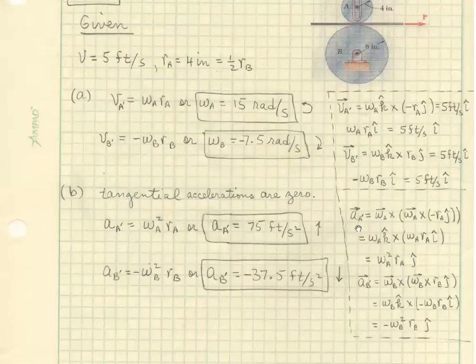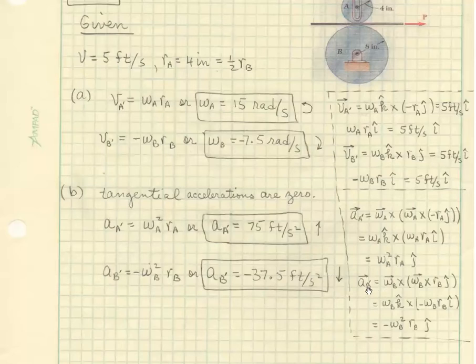So A sub A prime is equal to omega A crossed into omega A crossed into minus R sub A, in other words, crossed into this product right here. I'm just going to repeat that, omega A R A I in that part, and then omega A K crossed into that gives me omega A squared R sub A. So that is the relationship between A sub A prime and omega A squared R sub A.